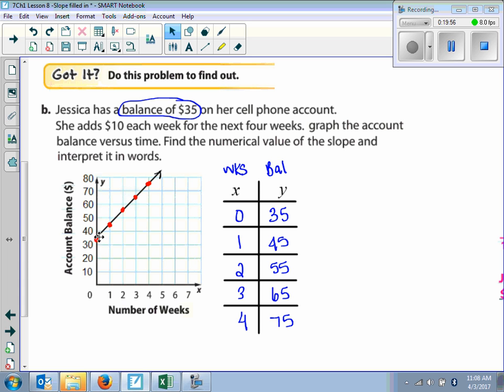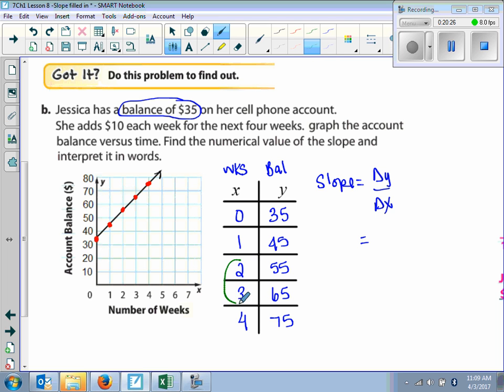Is everybody good? All right, so now it says find the numerical value of slope. So here we want to find the delta y over the delta x. So slope is equal to the delta y over the delta x. You can use any 2 points you want, so let's use these two.